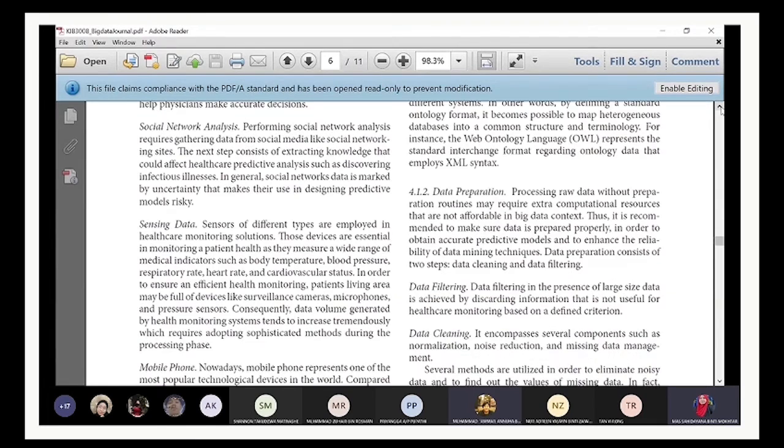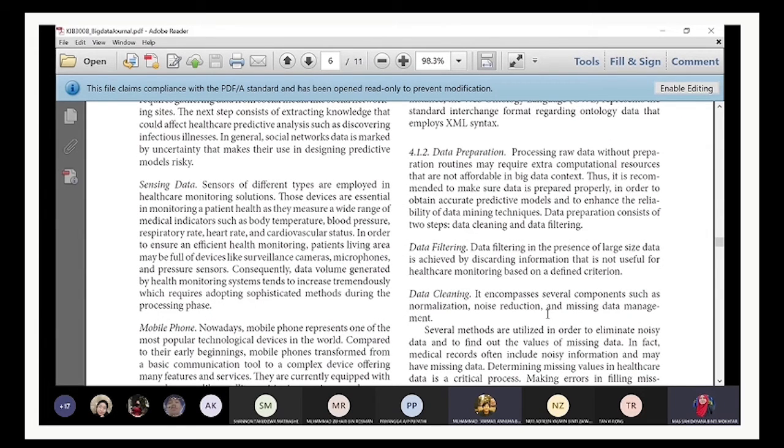Under 4.1.2, the big data has to be prepared before it can be processed statistically. So what do you think, can you use any techniques of data cleaning and data filtering?